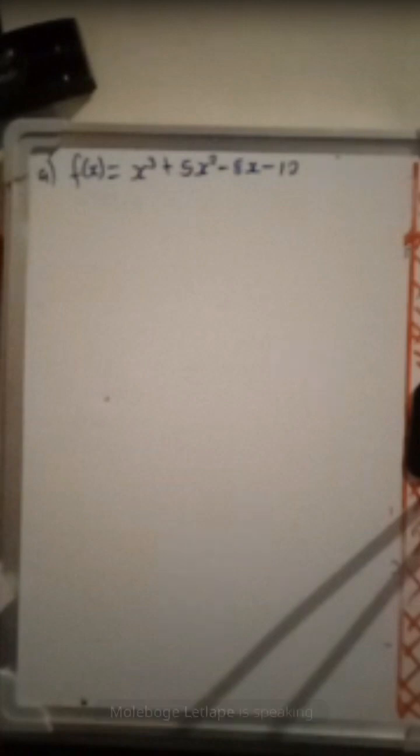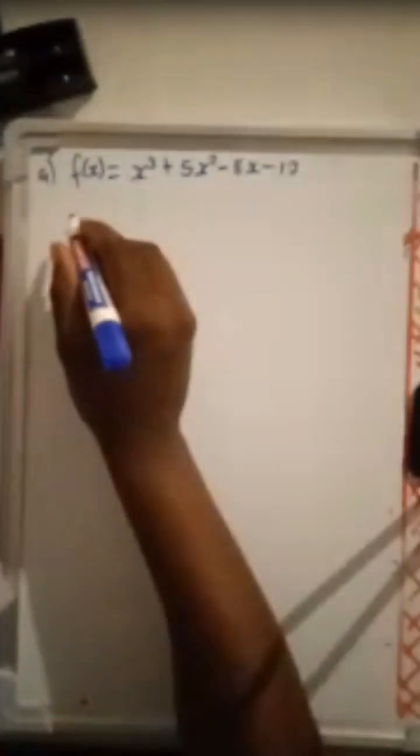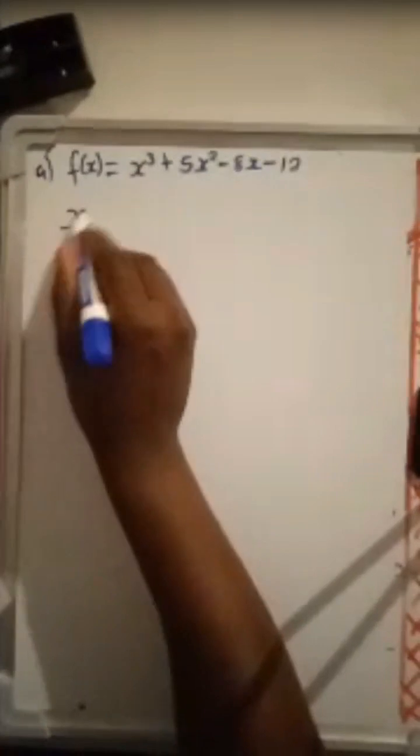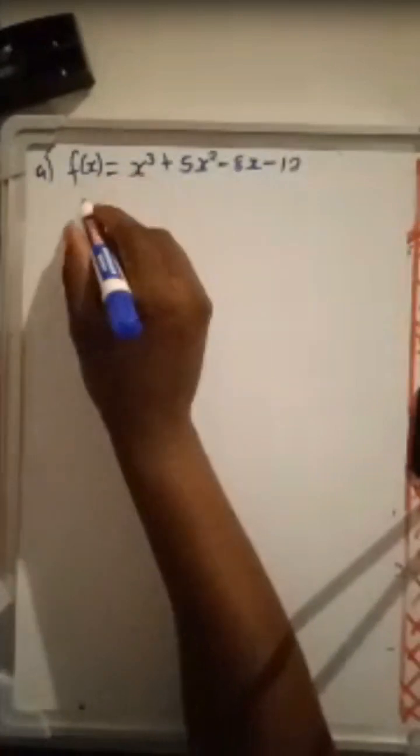What is happening at C, D, and E? That is where the graph cuts the x-axis. Therefore, y is equal to 0. Therefore, we equate the equation, or f of x is equal to 0.